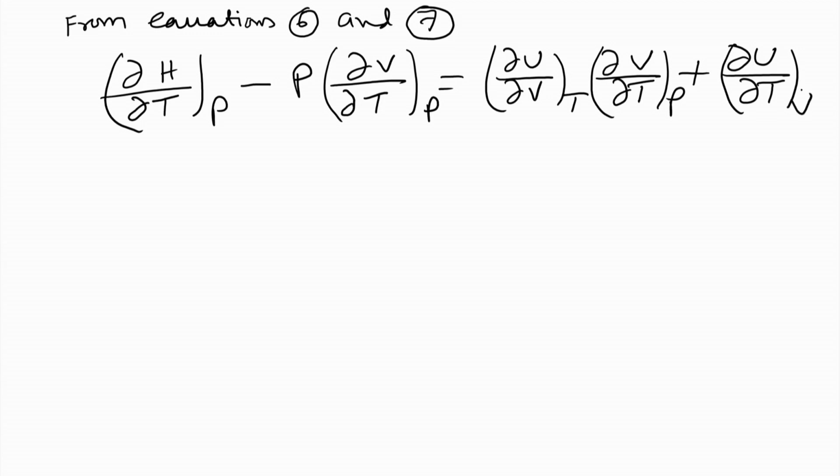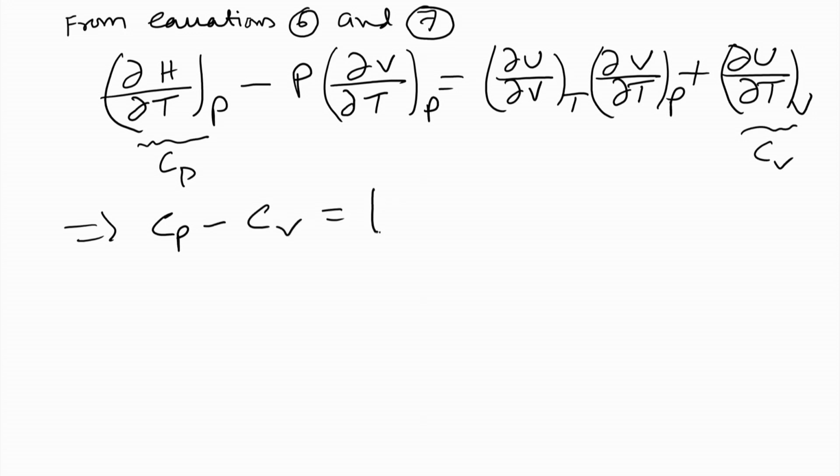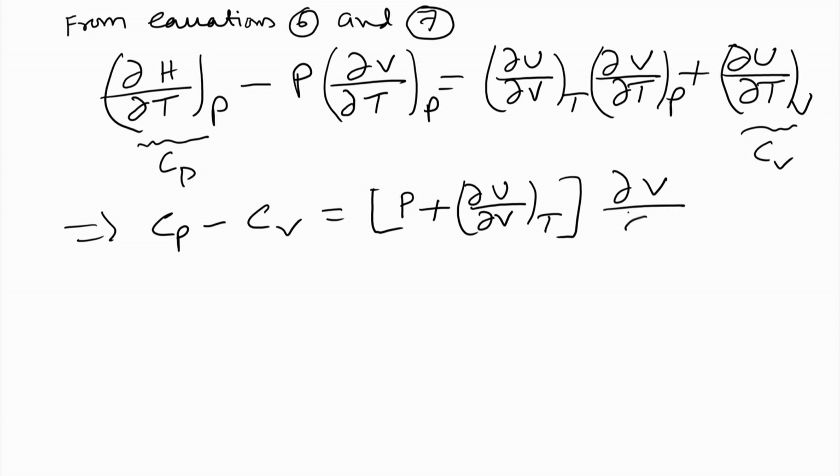Okay. So, this is nothing but your Cp and this is nothing but your Cv. So, we get Cp minus Cv is P plus del U by del V at constant temperature times del V by del T at constant pressure.